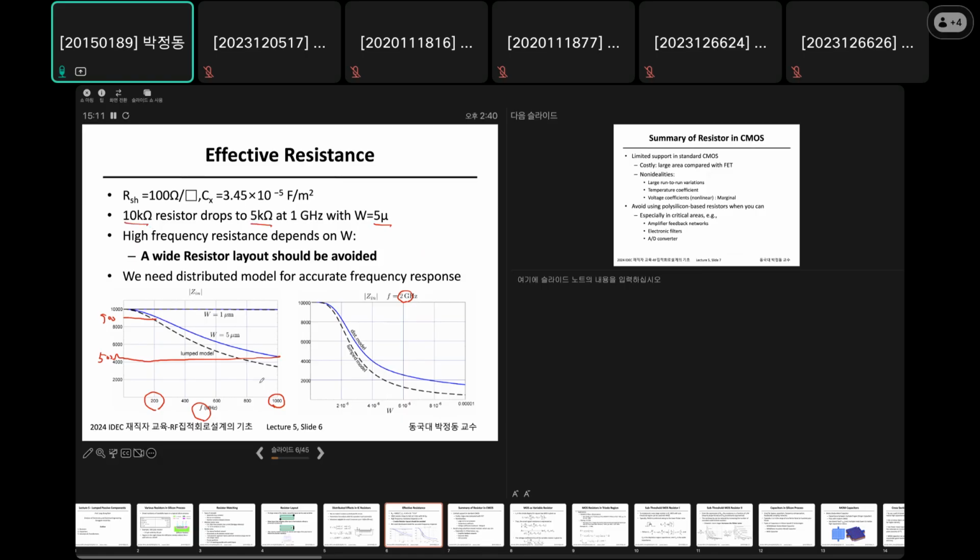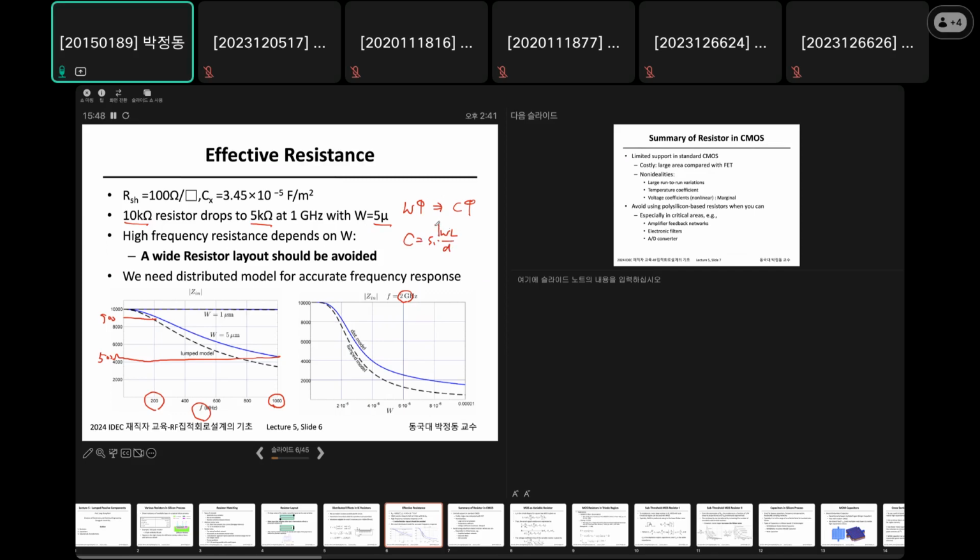If you increase the width, your capacitance value will increase quite a lot, because this is just silicon, and this is the width, length, and this is the distance between the layers and the bottom layers, which is substrate to the resistor layers.